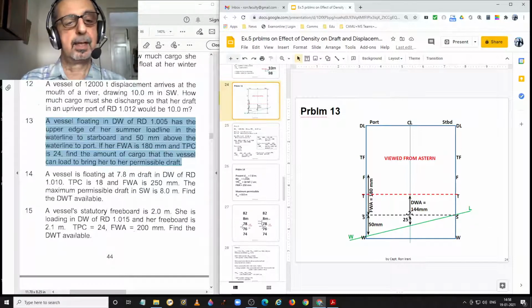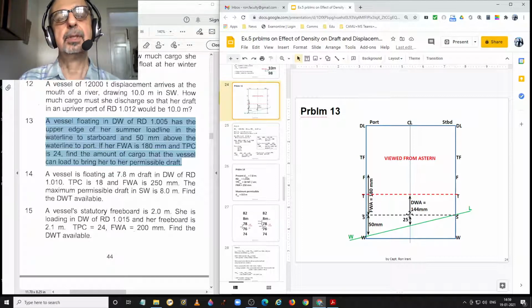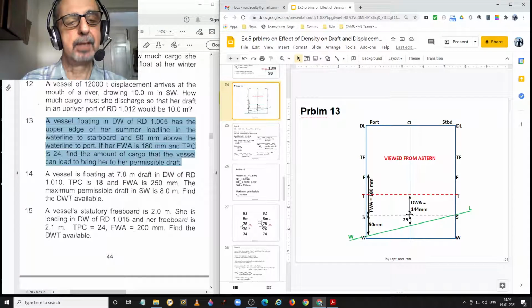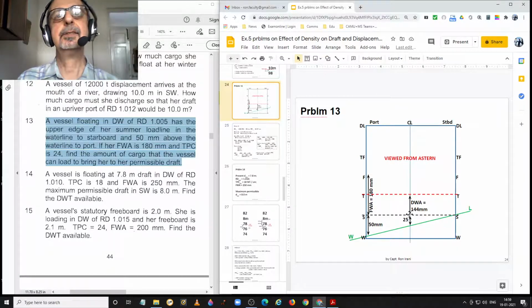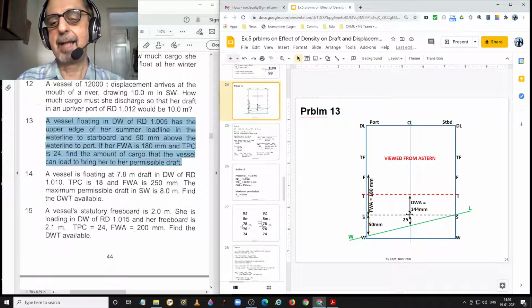Now we know that when she is in dock water of 1.005 and she goes into salt water, her draft will reduce. She will rise. By how much she will rise is equal to the dock water allowance. And as we have seen earlier, that much extra can be taken into account to load her.